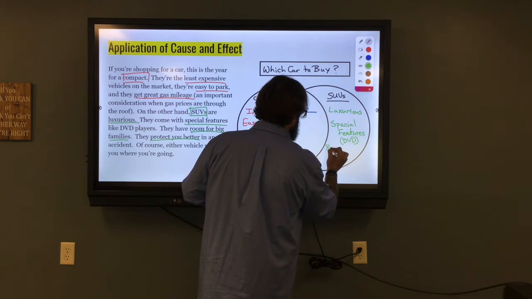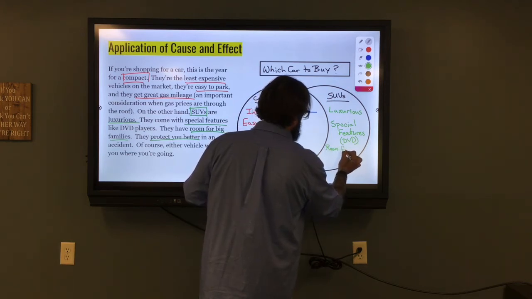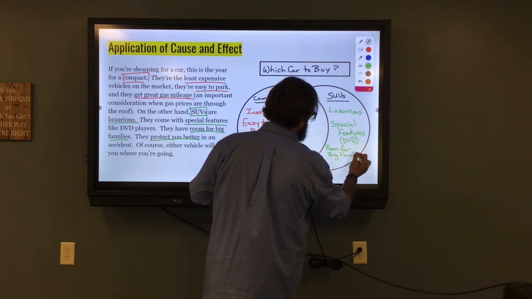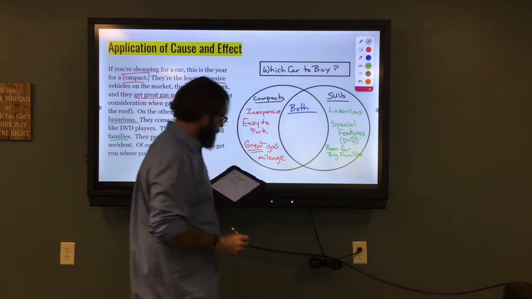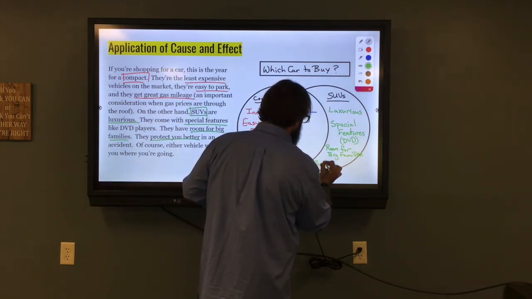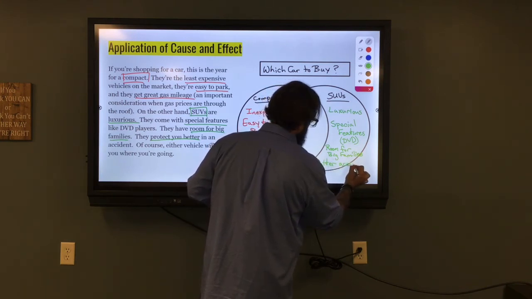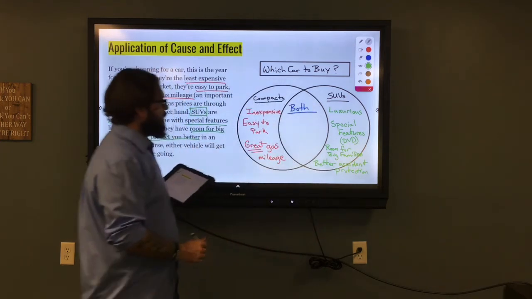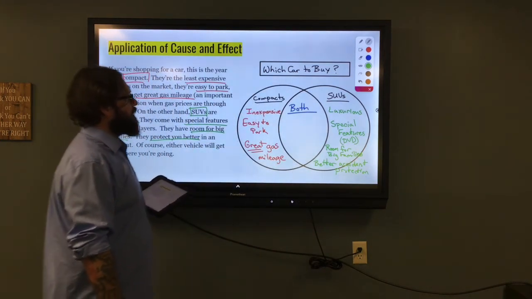So they've got room for big families. And then finally, they offer better accident protection. Okay, so we got better accident protection.